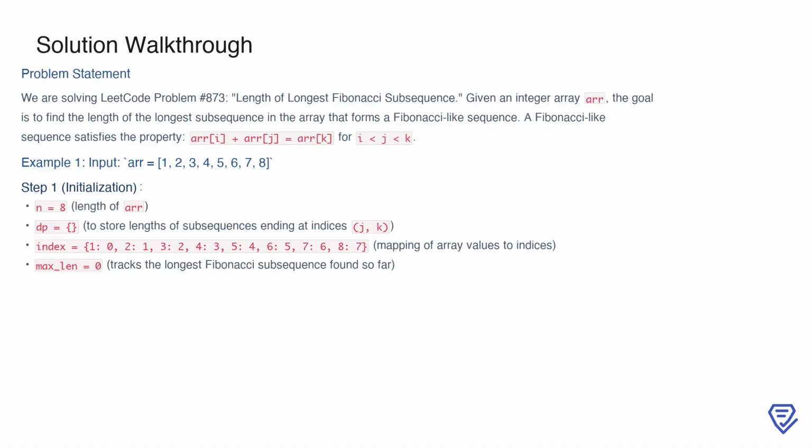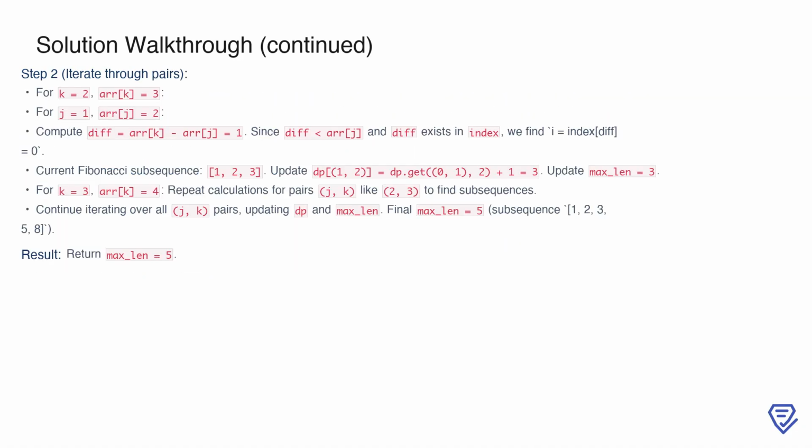This mapping is 1: 0, 2: 1, 3: 2, 4: 3, 5: 4, 6: 5, 7: 6, 8: 7. Finally, we initialize max_len to 0, which will track the length of the longest Fibonacci subsequence we find as we process the array.